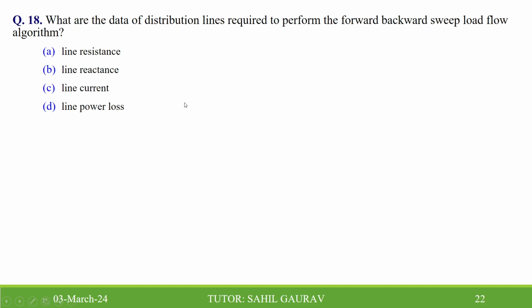Now moving to the next problem. What data of distribution lines are required to perform the forward backward sweep load flow algorithm? It is a multiple select question.